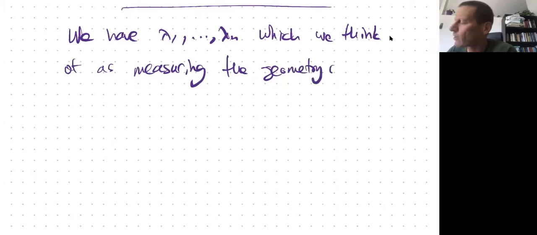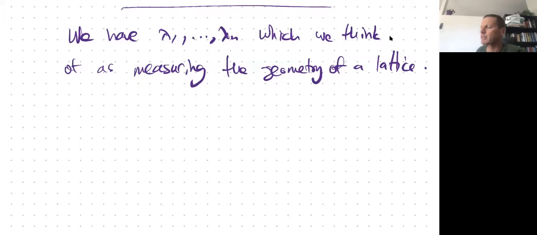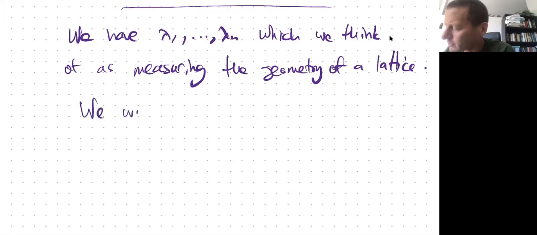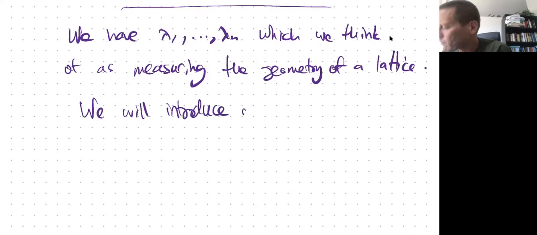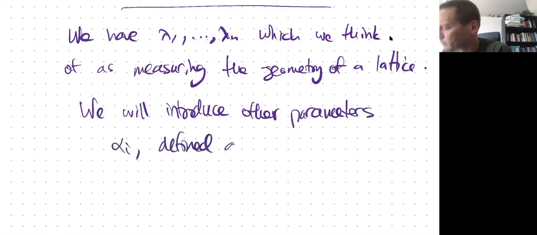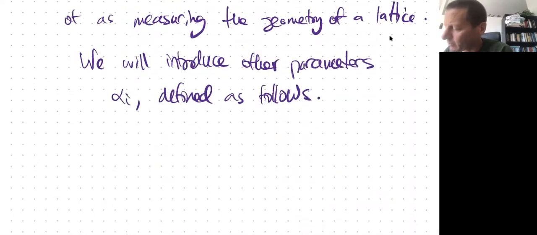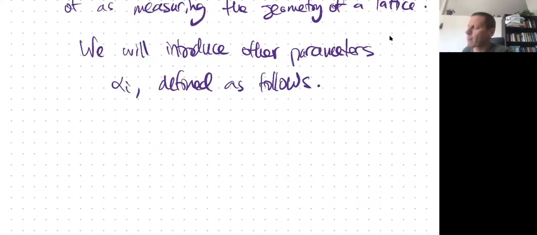And now I want to introduce another parameter, which are called alpha i's. So let's define them. So we will introduce other parameters. Alpha i is defined as follows. I want to remind you of some definitions.